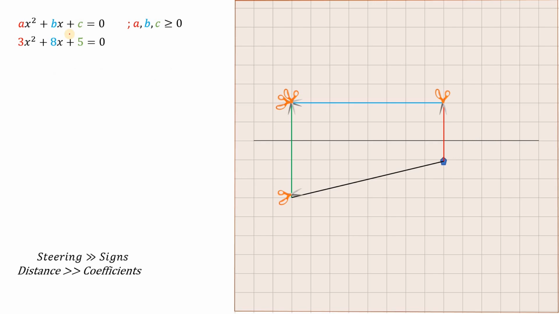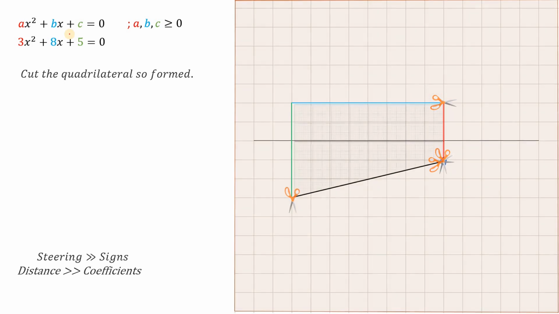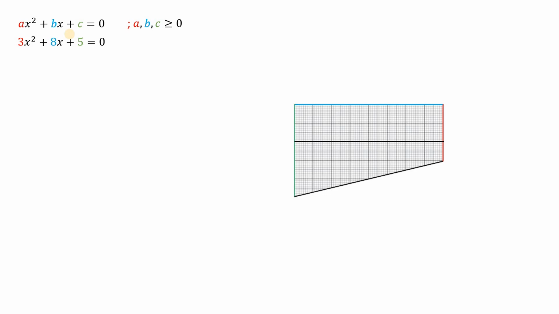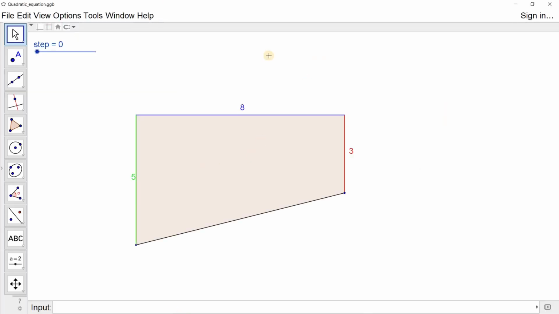So in the next step you cut this quadrilateral out of the graph paper. Then it will look like this. Then you fold the paper as instructed. So this is the paper we have cut.